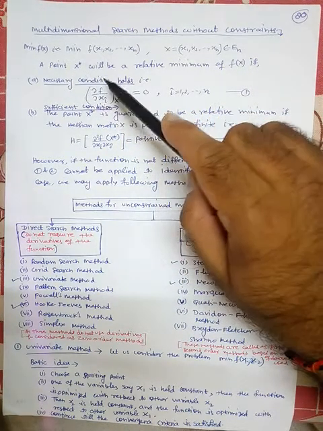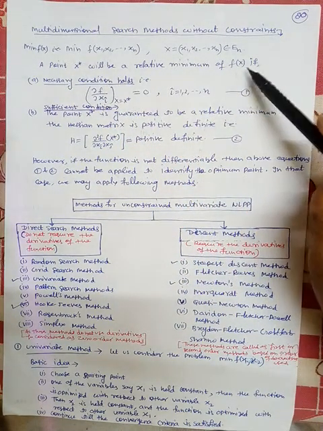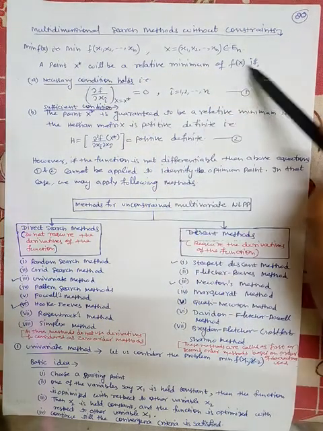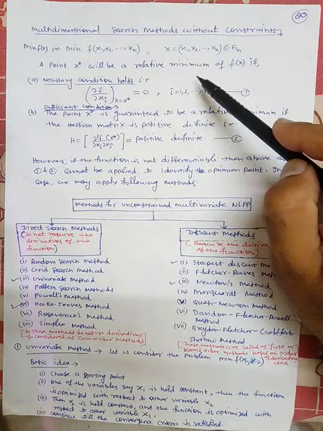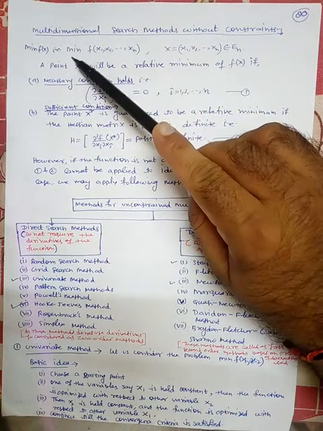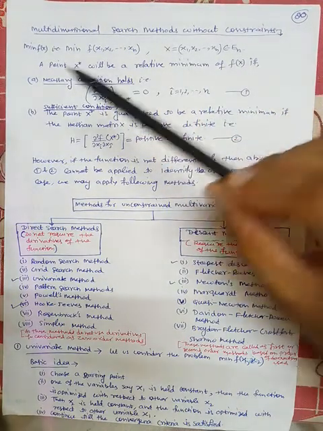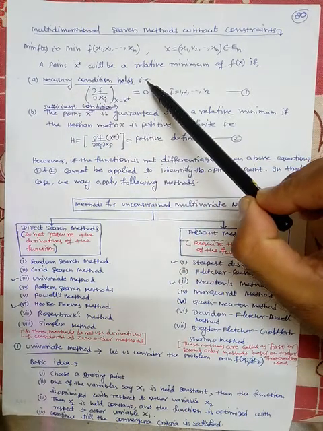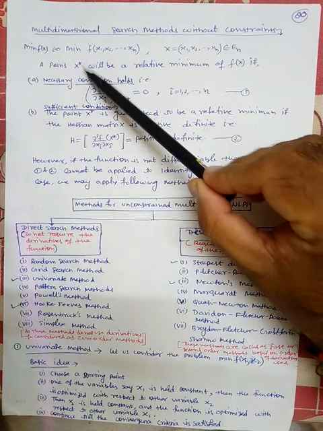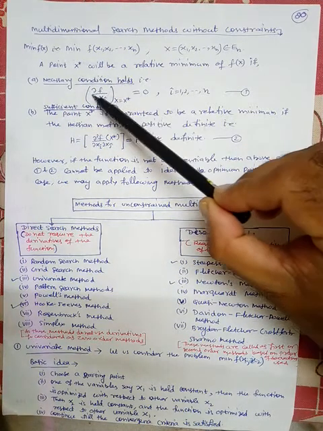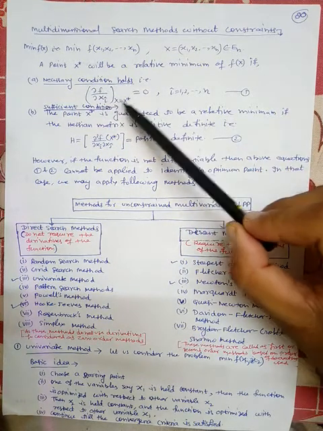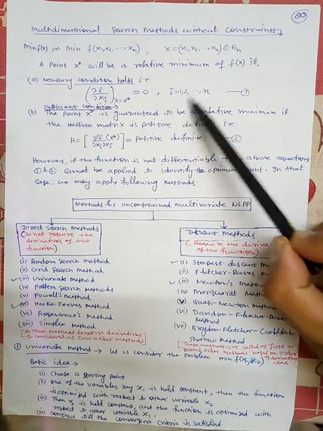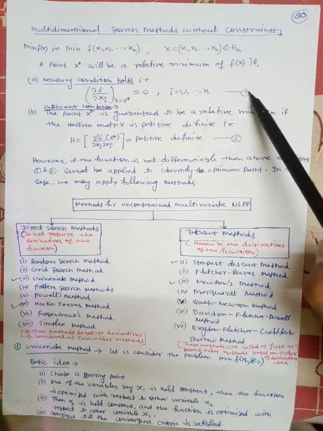A point x star will be a relative minimum of f of x, known as relative minima because the problem is of minimization, if number 1, the necessary condition holds: del f by del xi at x equal to x star is 0, where i is 1 to n. This is equation number 1.